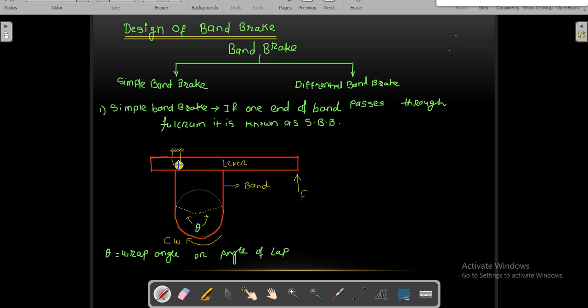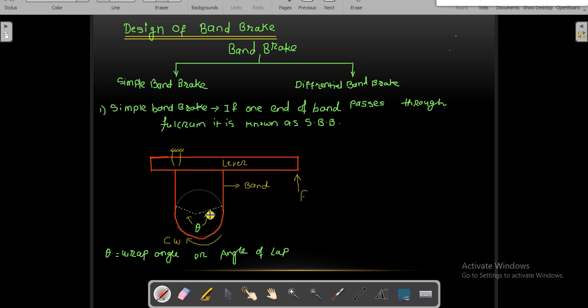Now in the figure you can see this is the lever, then this is the complete band, and the inner circle is the wheel or ring or whatever it may be, whatever be the shape of this rotating drum part.